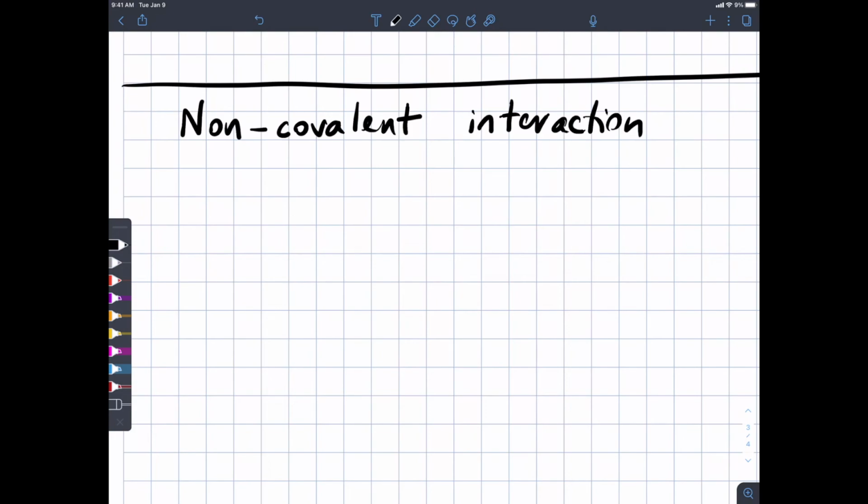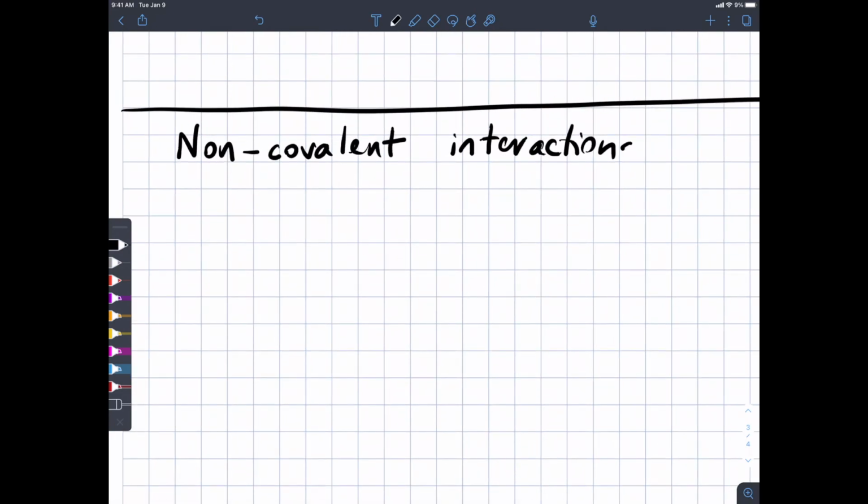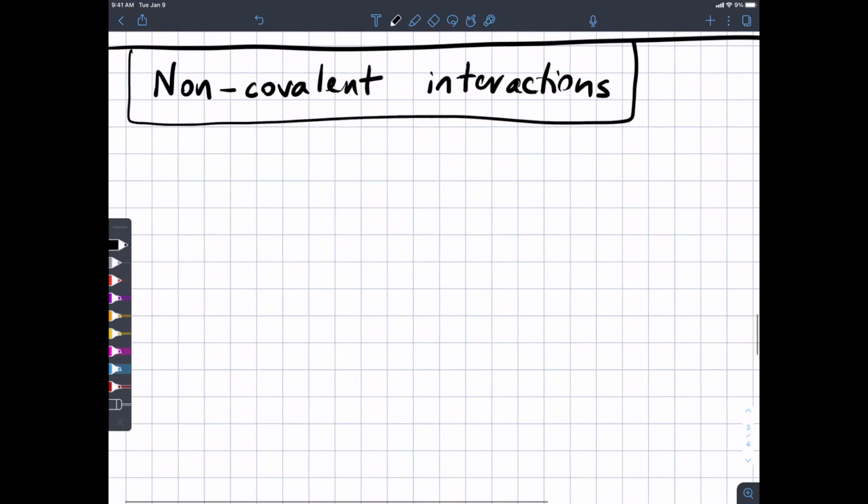The subject is non-covalent interactions. You may have learned about them in other terms in general chemistry, but these are any attractive interactions between molecules that don't involve a covalent bond.